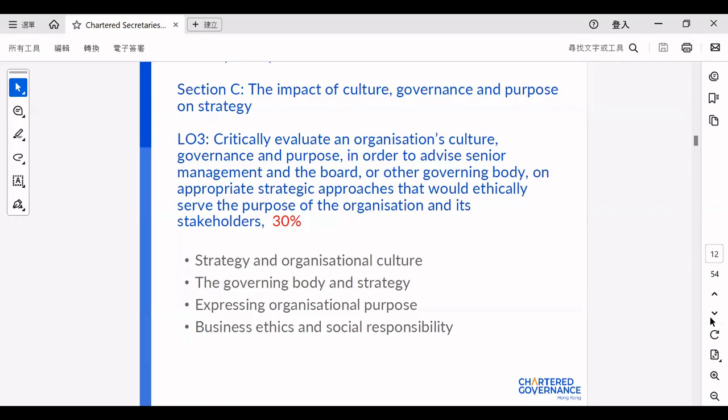So when we go through these learning outcomes, these syllabus topics, you have to be aware of which part the examiner is asking about. Is it asking about section A, or A and B together, or A, B, and C together?